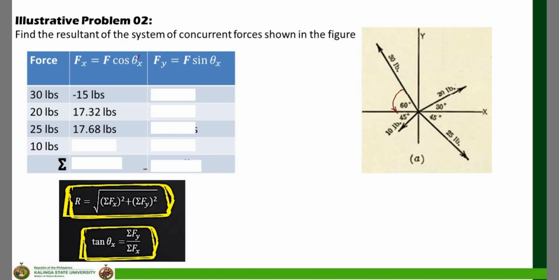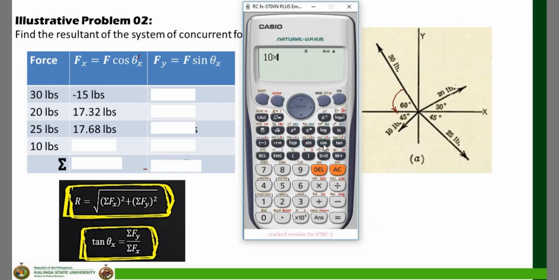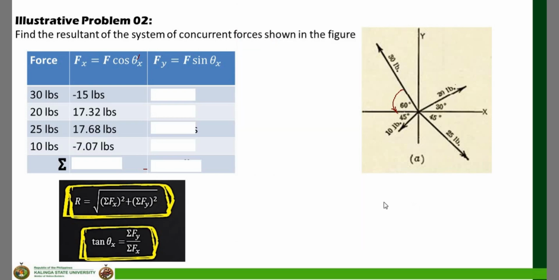The 10 pounds, 10 multiplied by cosine of 45 degrees, is equal to 7.07 pounds. Since the 10 pounds is pointing to the left, downwards to the left, that is negative 7.07 pounds. Okay? So let's solve for Fy.